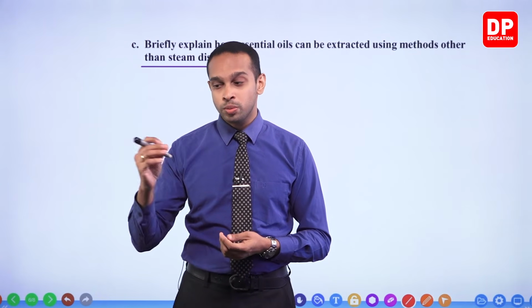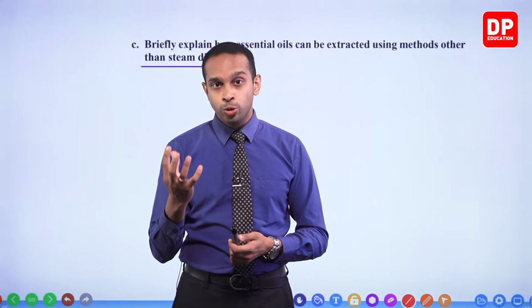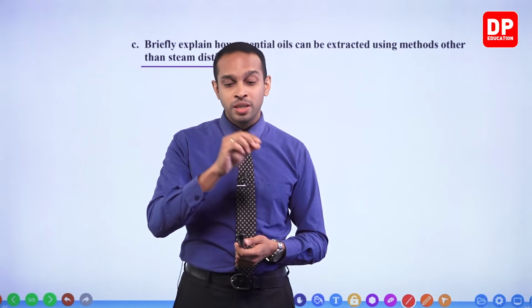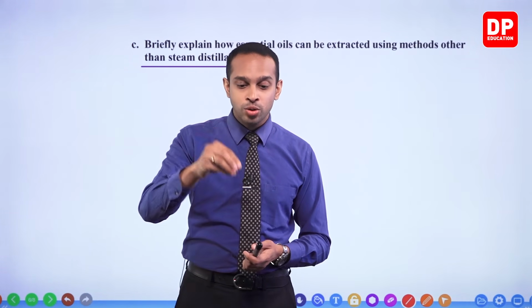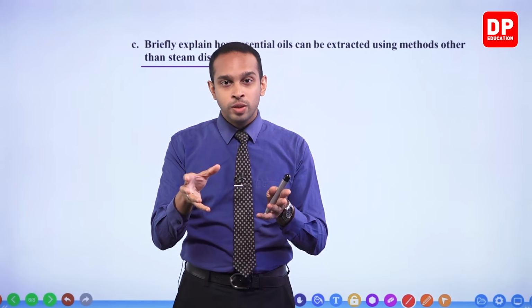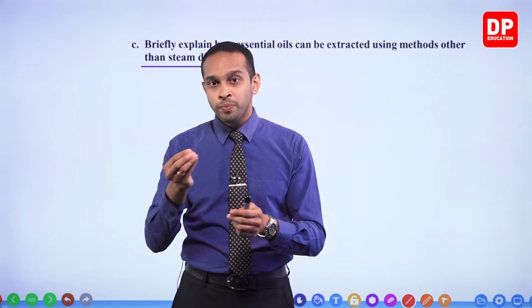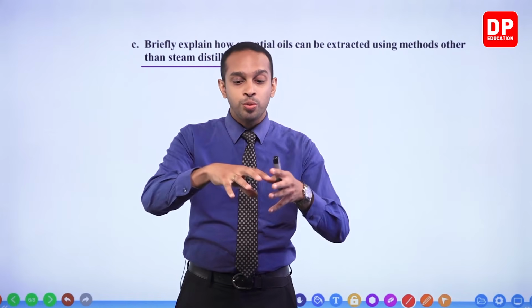You can choose a suitable organic solvent that should be able to dissolve or mix really well with the essential oil. If the essential oil doesn't really dissolve in the organic solvent you use, the extraction is not a success. So you have to make sure the correct solvent is used, which can dissolve the essential oil really well.